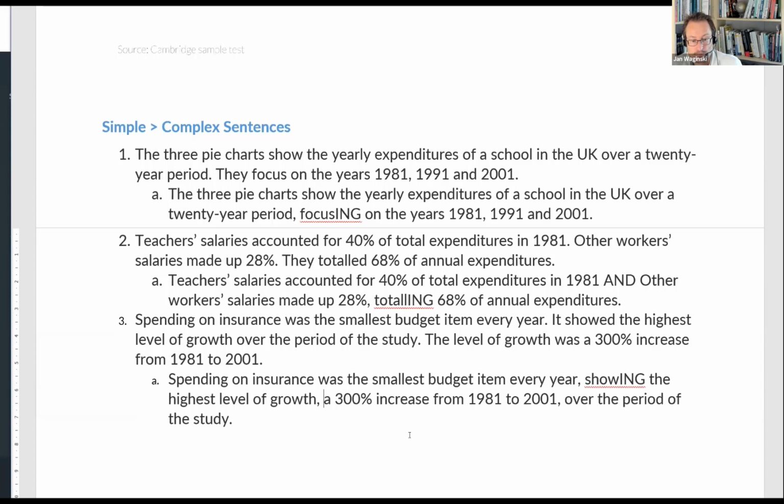So we can say that this 300% increasing from, or the ing here could increase or no? No. Highest level of growth and this are the same thing.